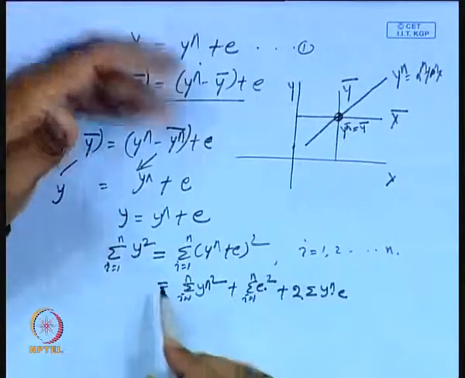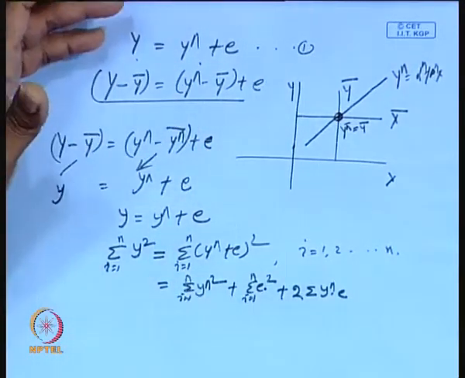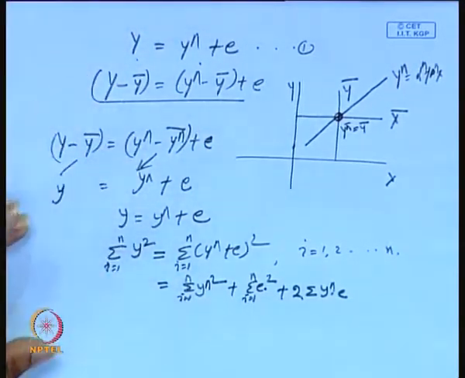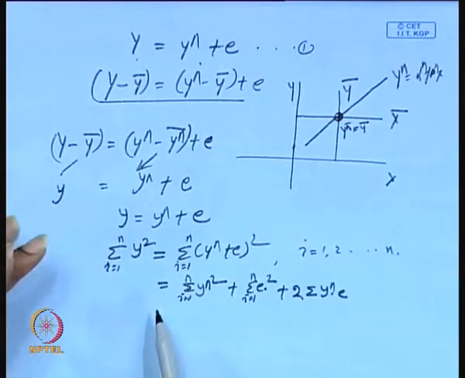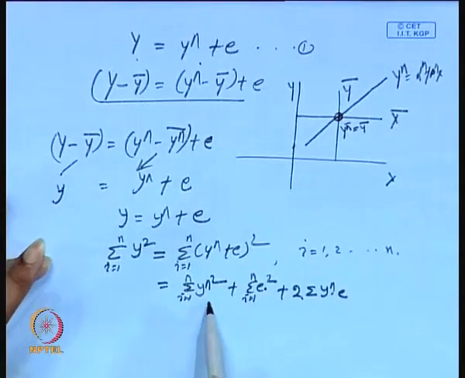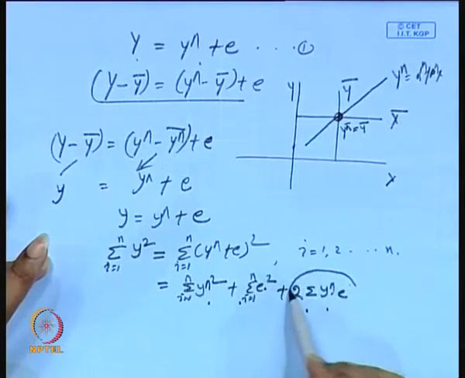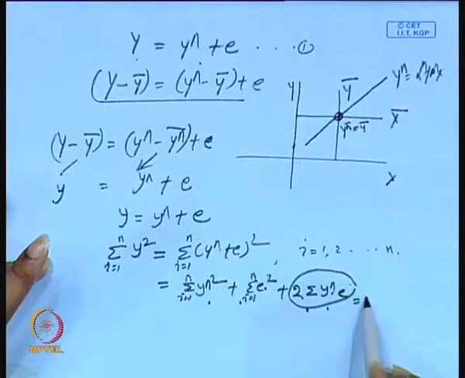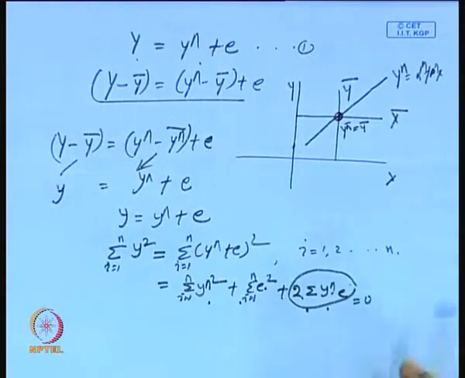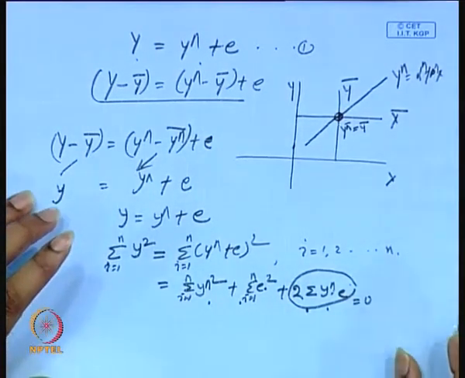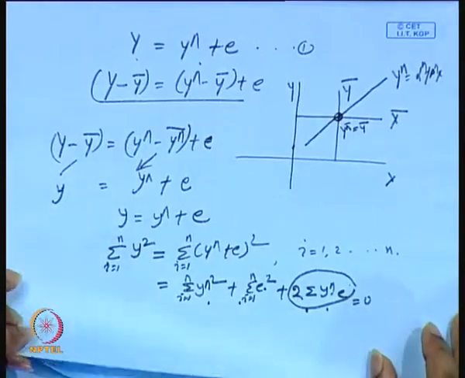If we expand the right hand side of this equation, we get summation y square equal to summation y hat squares plus summation e square plus 2 summation y hat into e. But this particular term is exactly equal to 0. So now the question is how it becomes 0. Let me explain here.